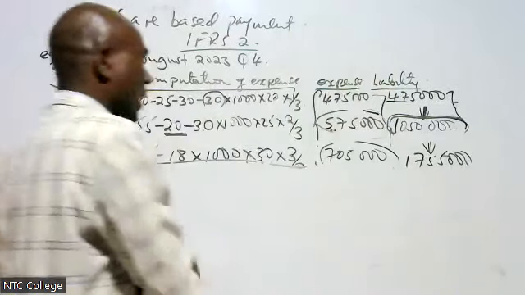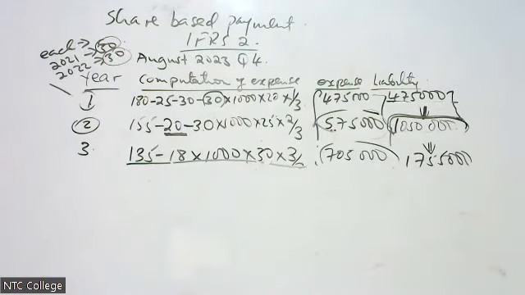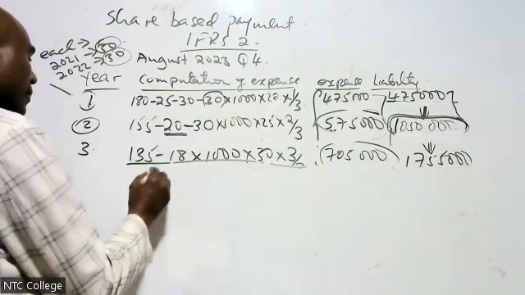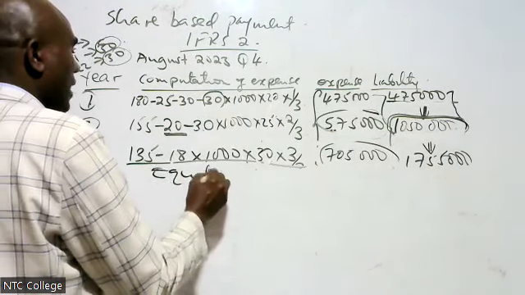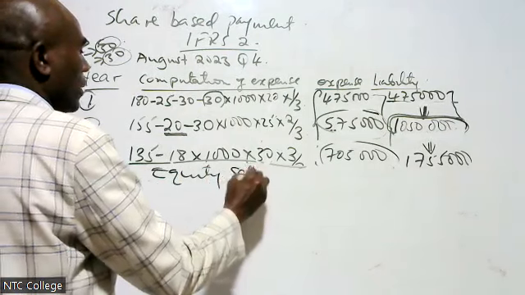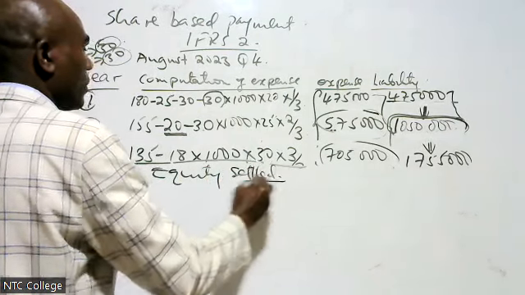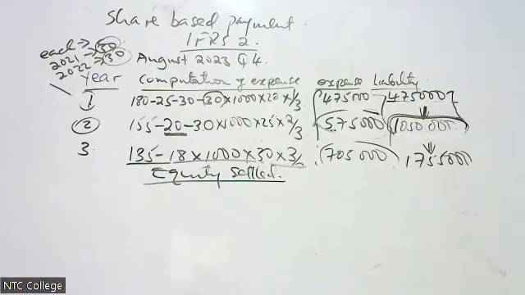Now, how will you know that in this question the examiner wants equity settled?